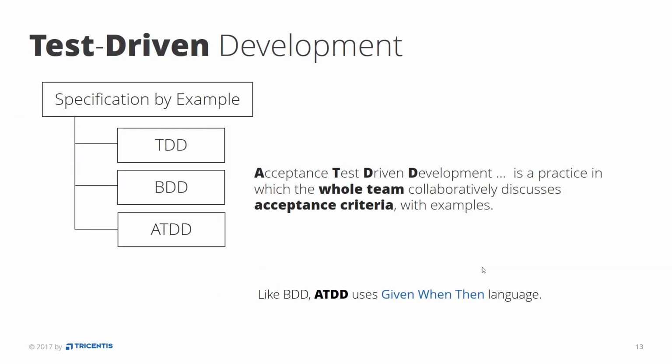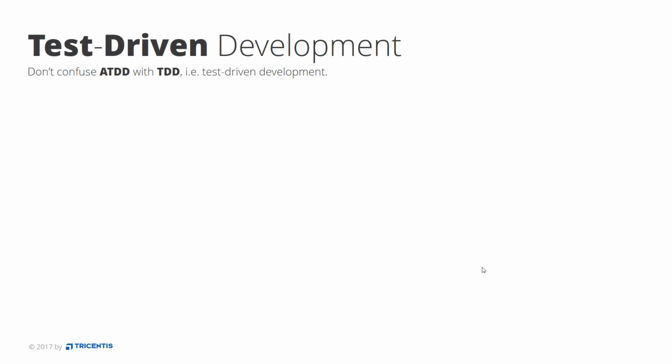This is a practice in which the whole team collaboratively discusses acceptance criteria with examples. We can still use the given-when-then language like behavior-driven development, but the whole team is involved and discusses the acceptance criteria for the tests, and even the requirement itself.